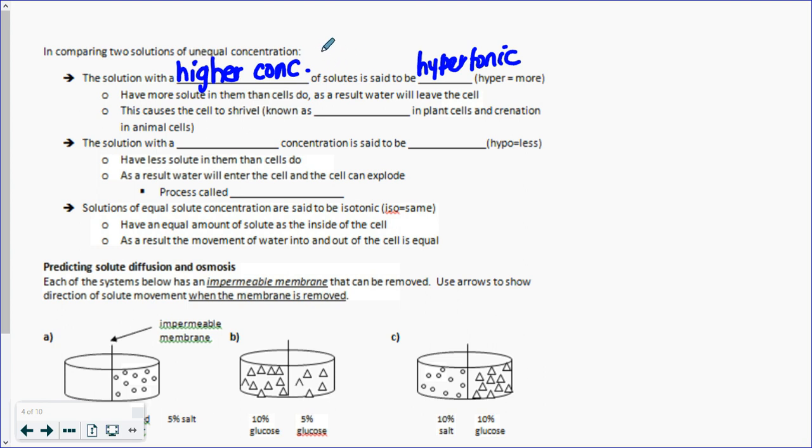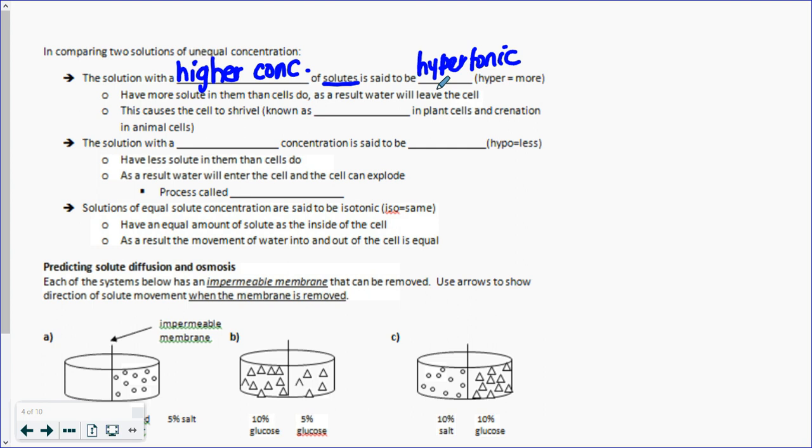So for the tea example, the higher concentration one would have more sugar. Solutes, again, is whatever you're dissolving in the liquid or the solution. So since it has more solutes in it than cells do, as a result, water will leave the cell.